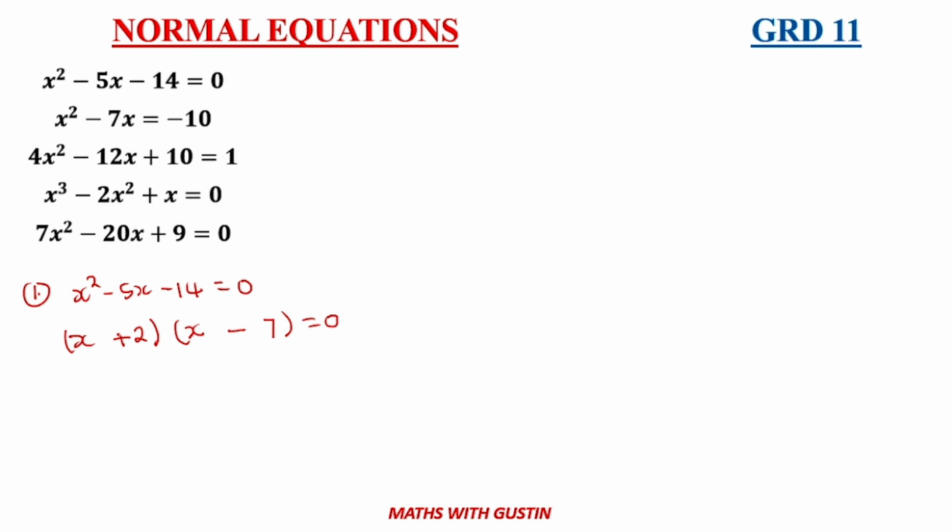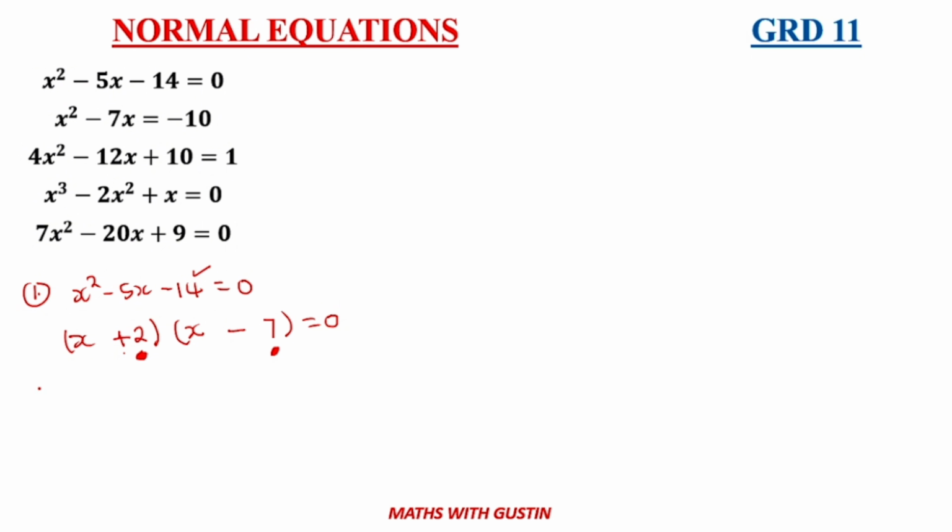Plus 2. Okay, for this one, I'm going to show you guys how to check if your answer is correct. So if you want to check that your answer is correct, you're going to say for the last term it's going to be last times last, which in this case is going to be +2 times -7, which gives us -14. So therefore you got that one right. So now how do you check if the middle term is correct?